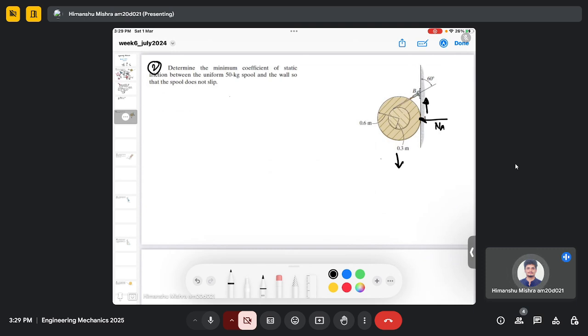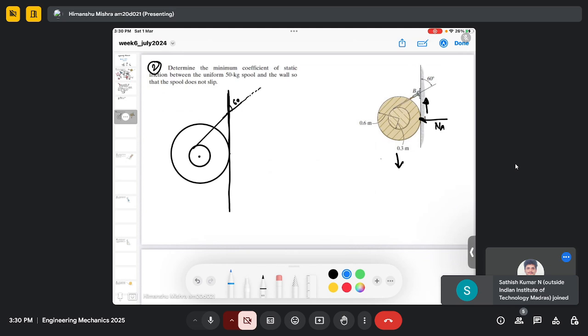So first, as usual, we will make the free body diagram. This is 0.6, and this is 0.3 meter, and there is a weight acting.